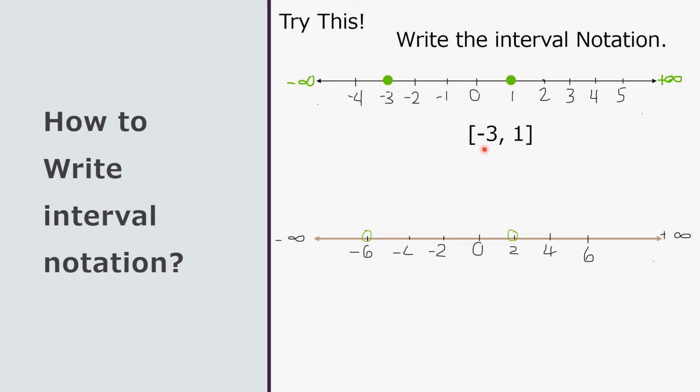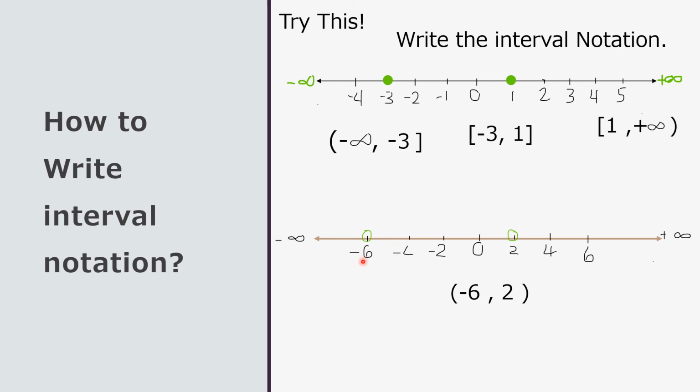Open bracket, negative 3, comma, positive 1, close bracket. What about on this side? I have here open bracket, 1, comma, positive infinity, and that is parenthesis. And then here, I have close bracket, that is negative 3, which means included. And then I have negative infinity, and that is open, and that is parenthesis.